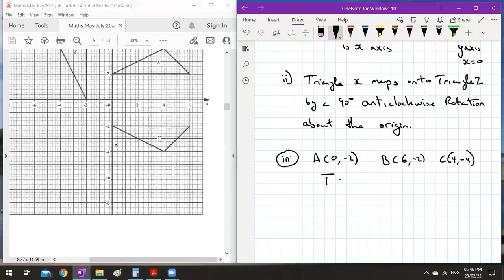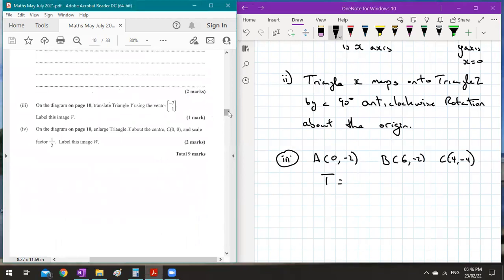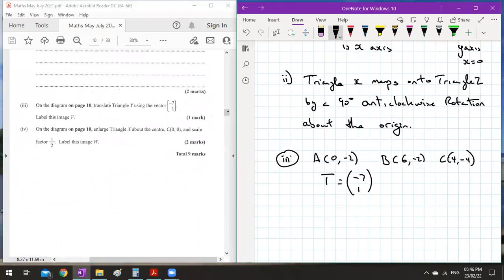Now the translation that they give us is -7, 1, and the formula you're using is the object plus the translation is equal to the image. So A, which is 0, -2, plus T, will give you the image A prime. So T is -7, 1, and we add: 0 plus -7 is -7, -2 plus 1, the signs are different, so subtract, keeping the sign of the larger number, so -1.